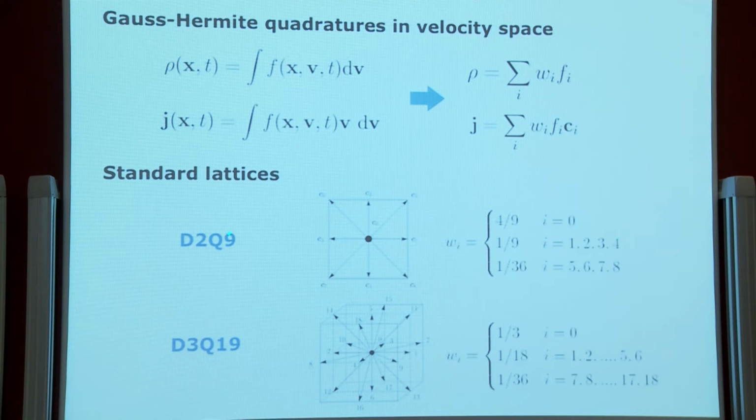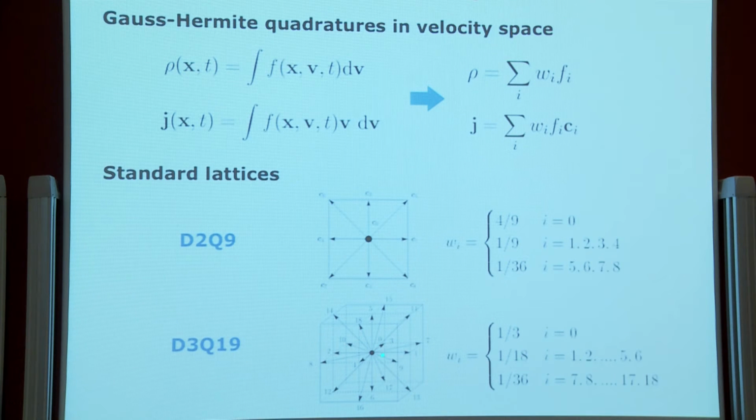And the analog of D2Q9 in 2D is for 3D D3Q19, because you have 19 velocities. Again, 0 velocities, nearest neighbors, and next nearest neighbors that connect the center of the cube here to the center of the edges of your cube. And you can also add, if you want, the next neighbors that are at the corner of the cube, and that will give you 27 velocities, again with associated weights.